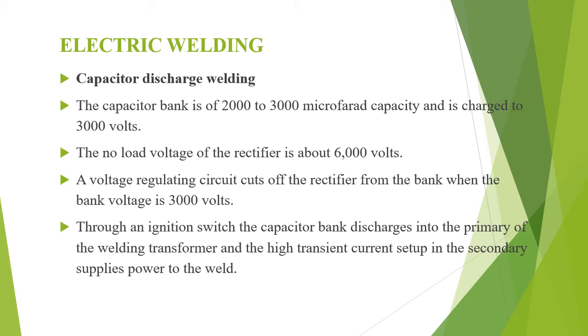The no load voltage of the rectifier is 6000 volts. A voltage regulating circuit cuts off the rectifier from the bank when the bank voltage is 3000 volts. Using an ignitron switch, the capacitor bank discharges into the primary of the welding transformer and the high transient current set up in the secondary supplies power to the weld.